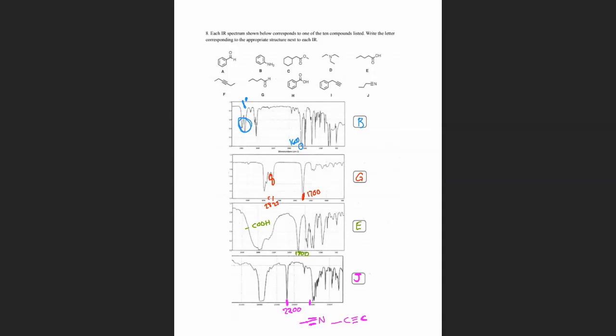Can I see the answer for number 8? Yeah, 8 is this one right here. Those are also going to be shifted further. And in addition to that, there's also a quartet with 1.